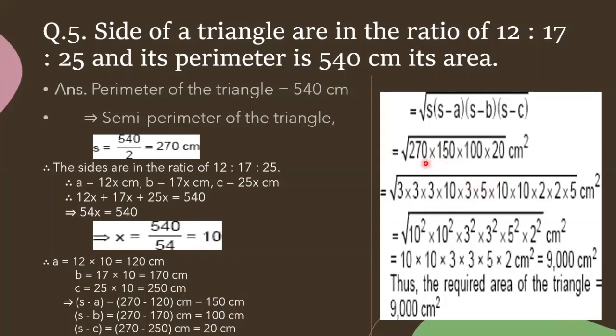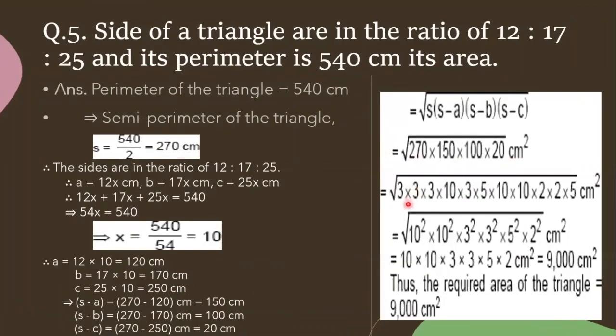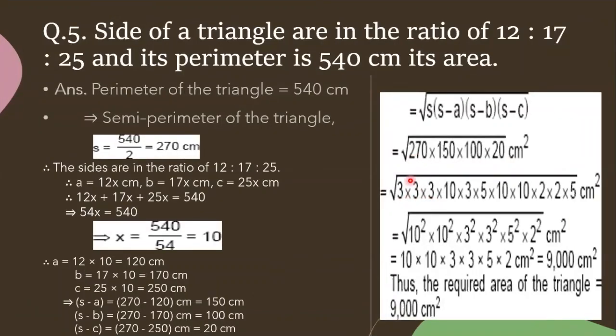So as I said, here we have got 270, 150, 100 and 20. Here, see here, 100 is a perfect square. I can write this as 10 square. So here 270, 150 and 20, write these as product of prime numbers. So factorize, we are getting 270. 27 is a perfect cube of 3 into 3 into 3, then into 10.